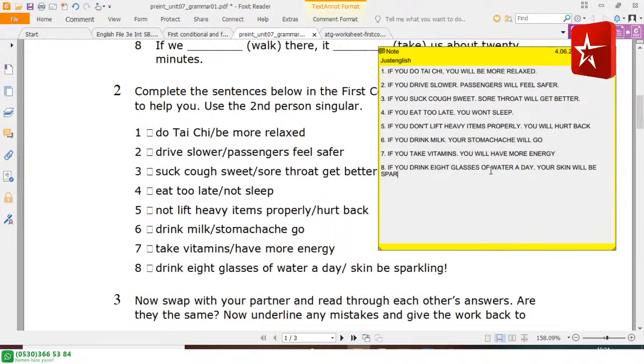Sparkling. Yes, it will be sparkling. That is the correct answer. Gulsafa, Tuko, Ramazan and Kadir. If you drink 8 glasses of water a day, your skin will be sparkling. That was the correct answer.